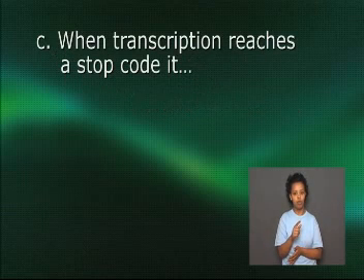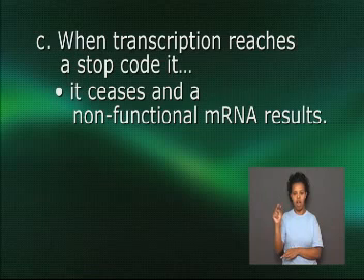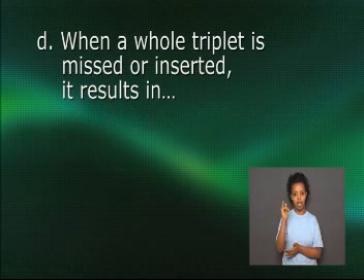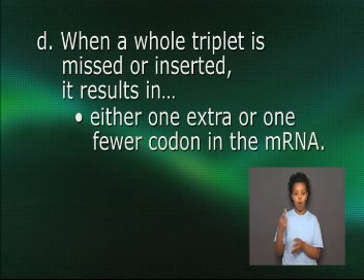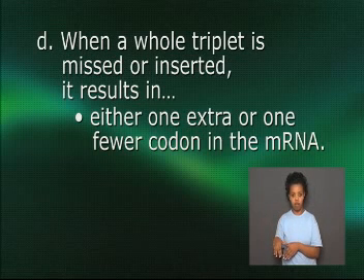When transcription reaches a stop code, it ceases, and a non-functional mRNA results. When a whole triplet is missed or inserted, it results in either one extra or one fewer codon in the mRNA.